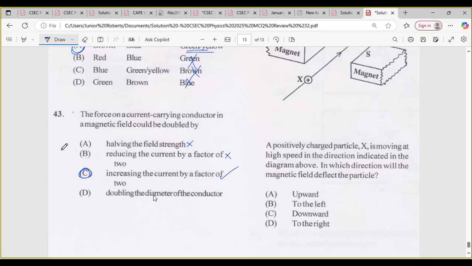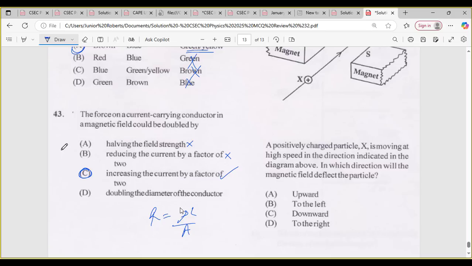Okay, if we double the diameter, in fact, let's see now. So we want to double the force. If we double the diameter, since resistance is equal to rho L over A, we're going to have the area being larger, so resistance decreases. So let's just verify this, double the diameter of the conductor.